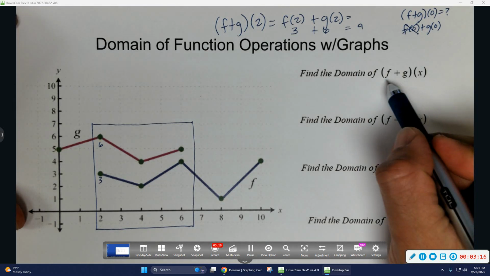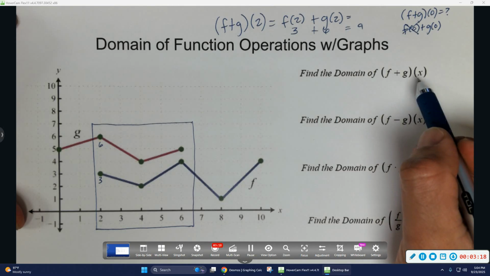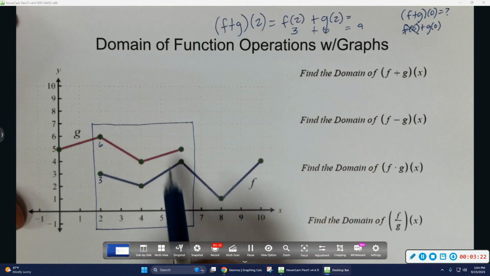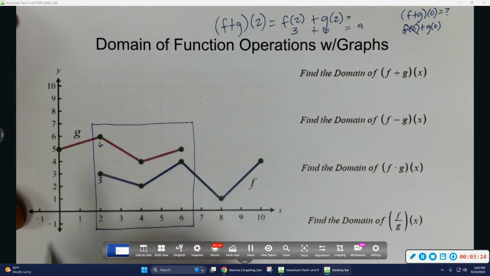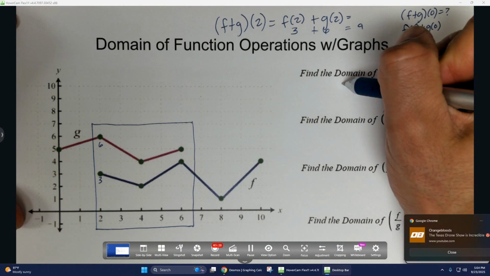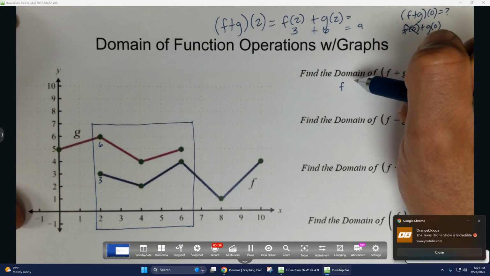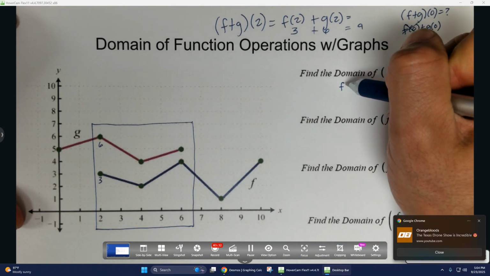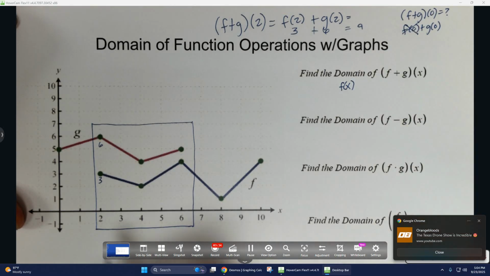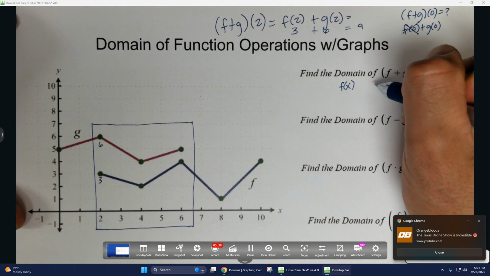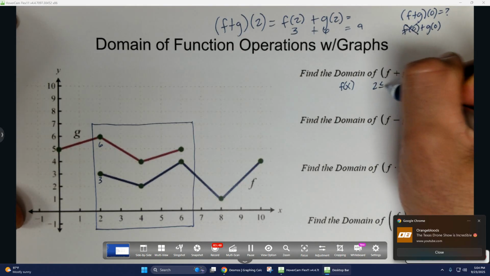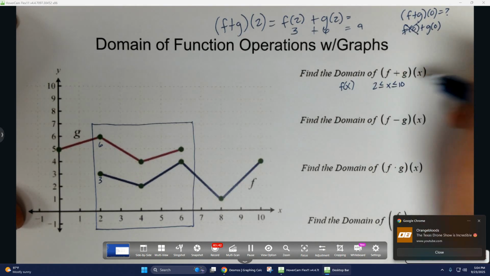So in order for me to add two functions together, I need to first identify what domain both equations exist in simultaneously. And one way to do that is you can find the domain of the original function, f of x. The domain goes from 2 all the way to 10. So I can say from 2 to 10.